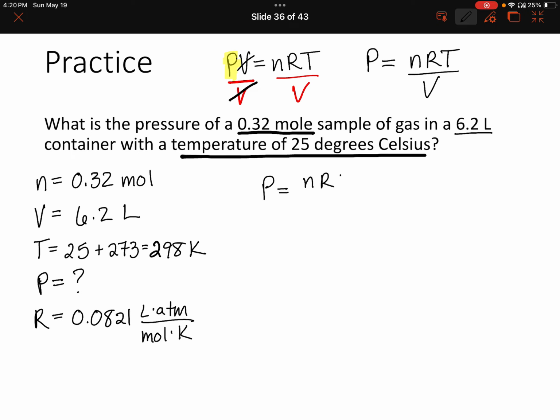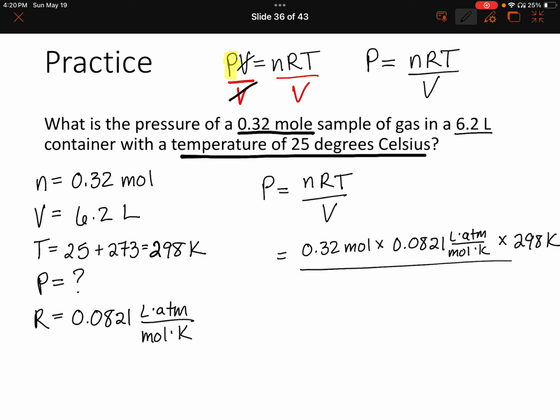We've got 0.32 moles times our gas constant, times the temperature, 298 Kelvin, and then we're going to divide by 6.2 liters.